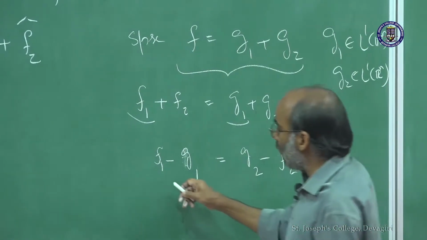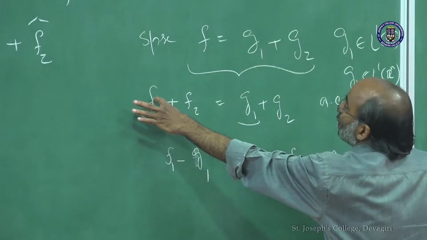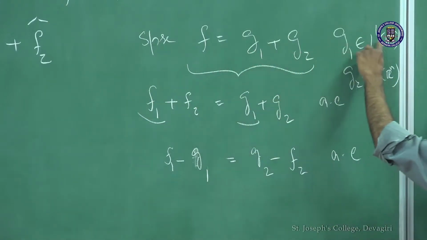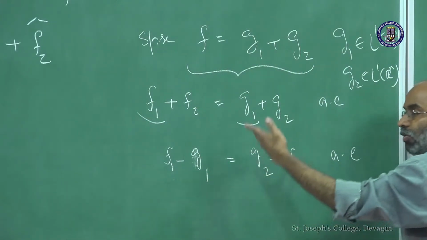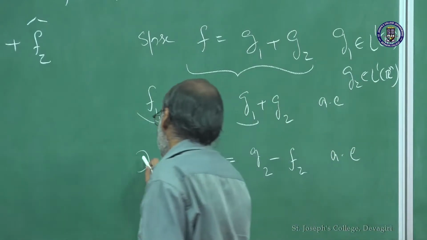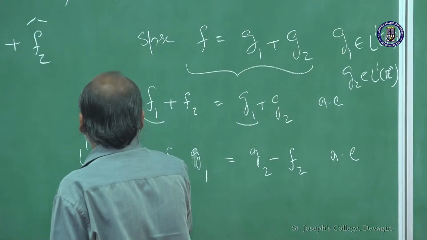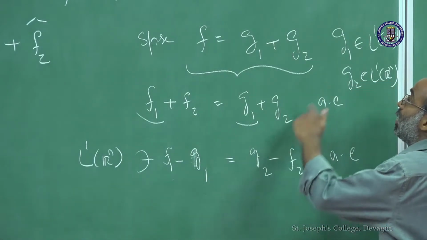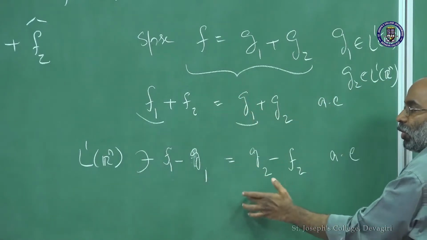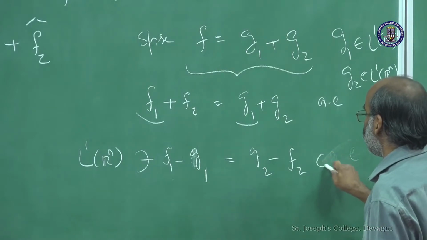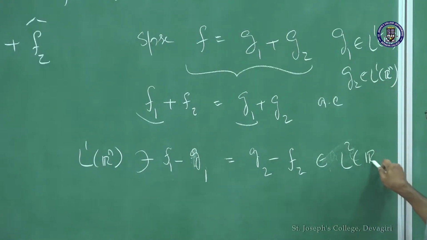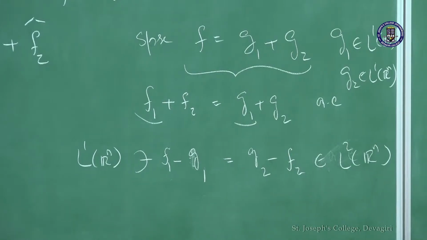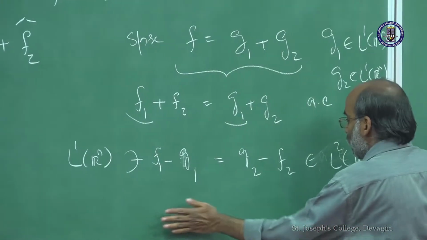But what is the advantage? f1 is in L1, g1 is in L1, so f1 minus g1 will also be in L1. So this is a function in L1. g2 is in L2, f2 is in L2, so g2 minus f2 will also be in L2. So here is a function in L1, and here is a function in L2.